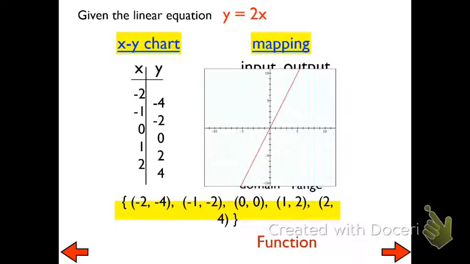It makes a diagonal line. If I draw a vertical line through my red line right there, it only touches it in one spot, right here. So it is a function. It passes the vertical line test, and we already knew that it was a function based on what we saw last week.